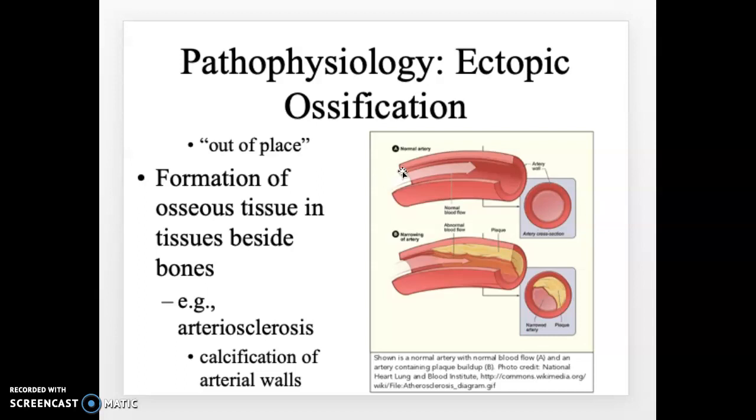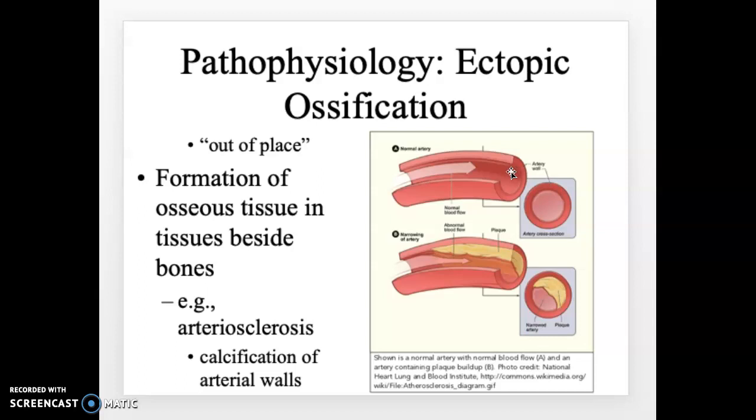So normal arteries have a clear, wide opening. Blood rushes through these. Arteries expand and contract pretty dramatically. If you start running, your arteries get really big and really small because they're pumping a lot of blood.